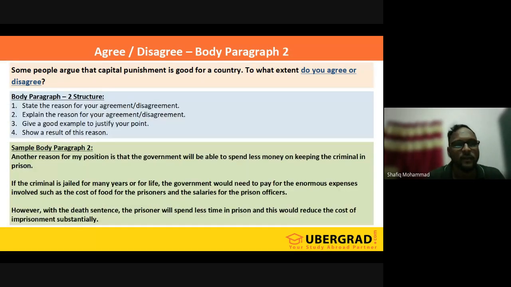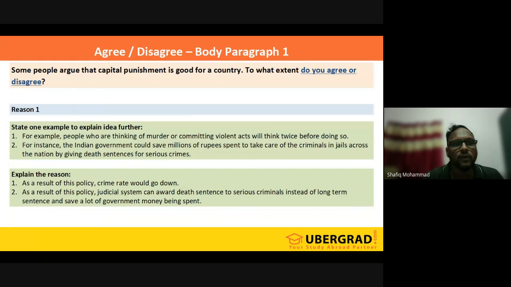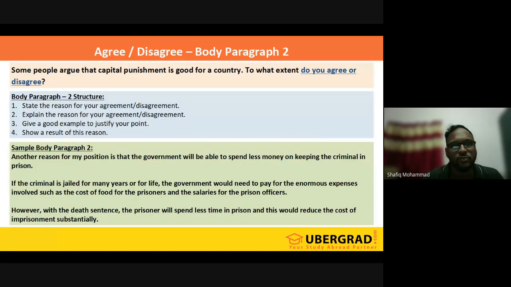Yes. Before going to body paragraph 2, I'll just explain it. Here also, the statement of the reason, whether you agree or disagree, then explain the reason, give the example, and show the result. So in body paragraph 2, with another reason, you're continuing. You're not taking a disagreement or going against what you have said in the thesis statement. You're just continuing.